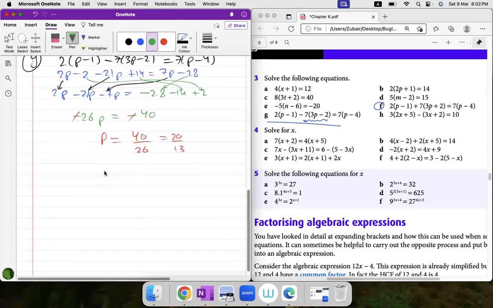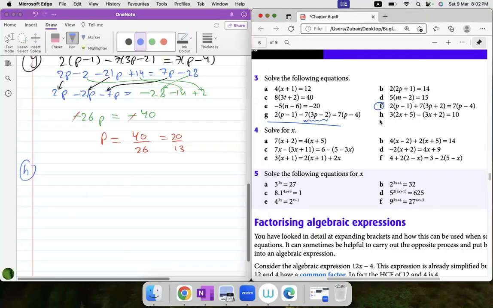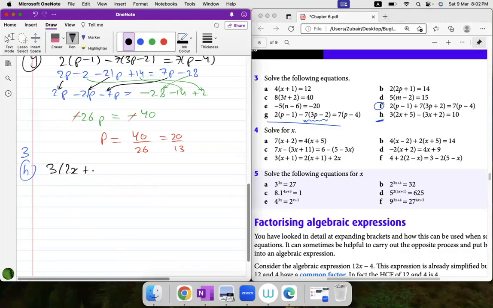Okay, let's try H part. Three into 2x plus 5 minus 3x plus 2 in bracket is equals to 10.